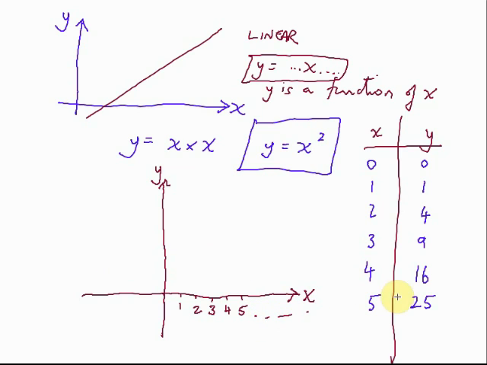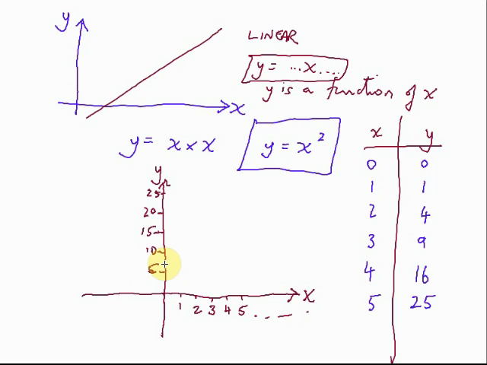And what about y? Well, y is 25. Let's suppose that that's 25, and let's suppose that that then is 20, and let's suppose that's 15, and that is 10, and that is 5.